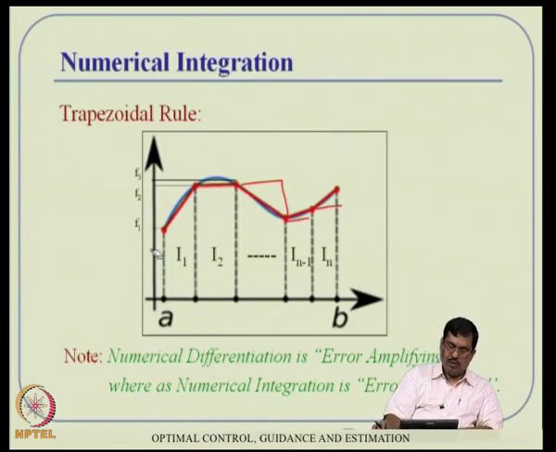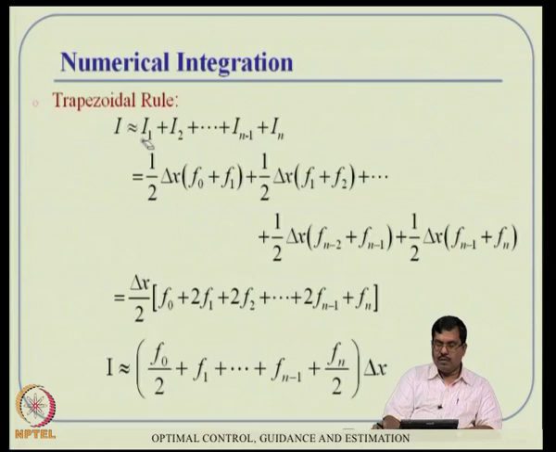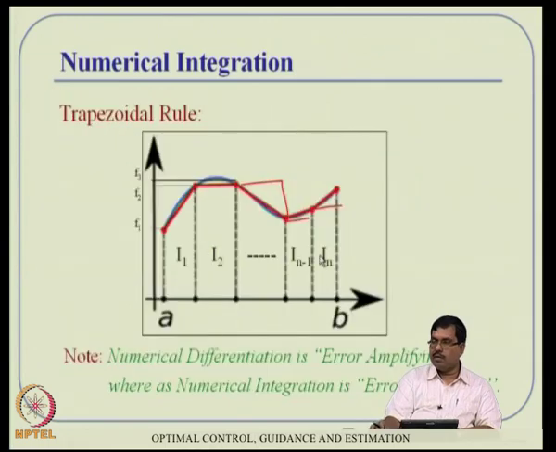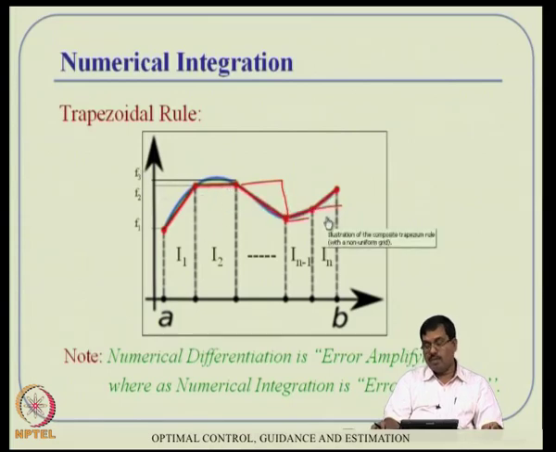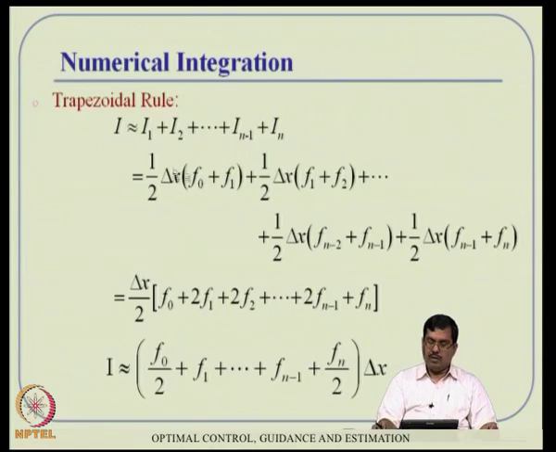In formula terms, I want to have this entire integration, so I have to take the summation of all these I1, I2 up to In minus 1 and In, all these little stripes, which I have to evaluate and then sum.